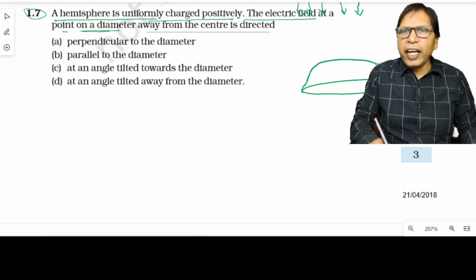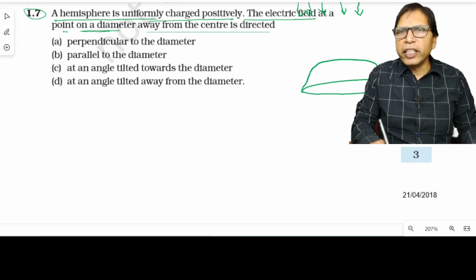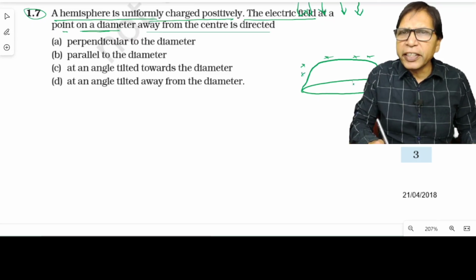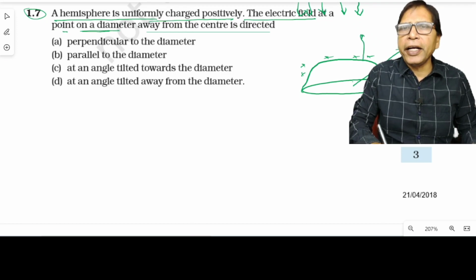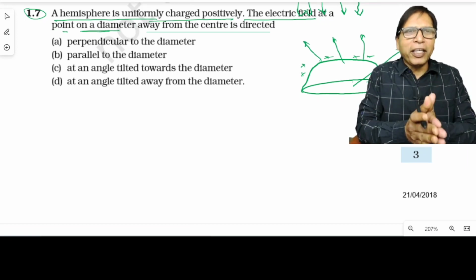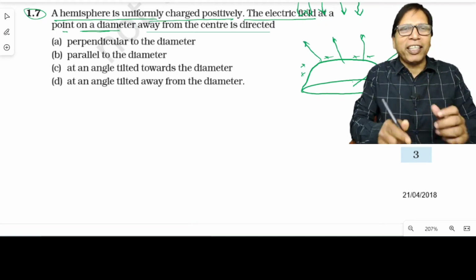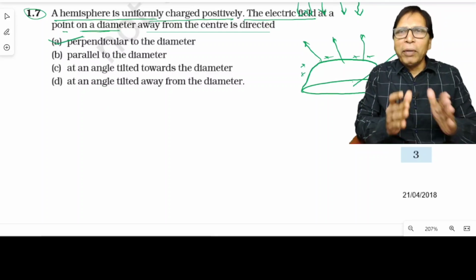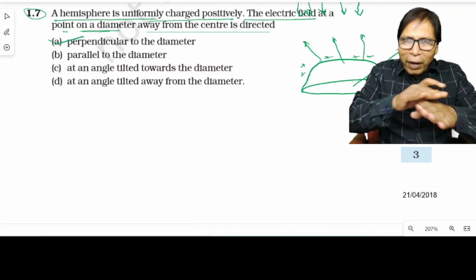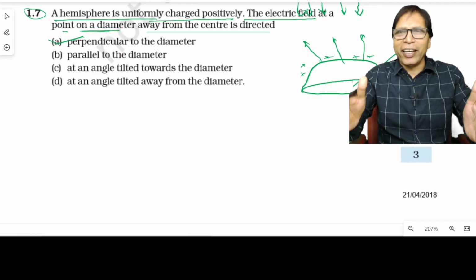The electric field due to the charge on its surface is directed always radially outward. So obviously this field is always perpendicular to the diameter. Option A is correct, because the field components parallel to the diameter cancel out.